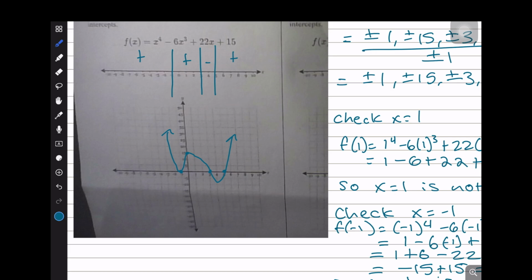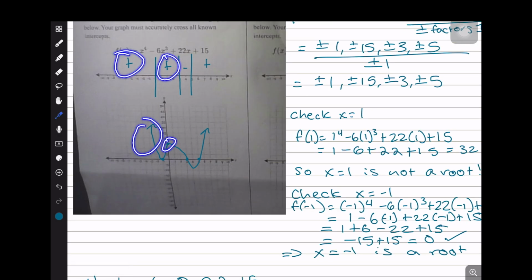Now notice that at x equals negative 1, we had multiplicity 2. So that means that at the root at negative 1, we're going to sort of bounce off the point instead of going straight through it. And then you continue the process for all your other roots. And you're going to end up with a graph that sort of looks like this.